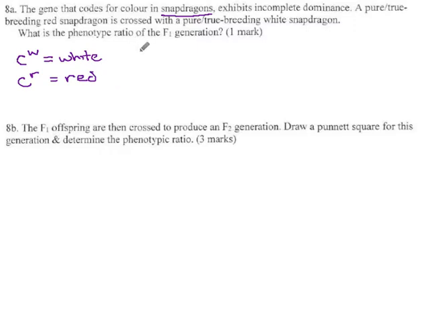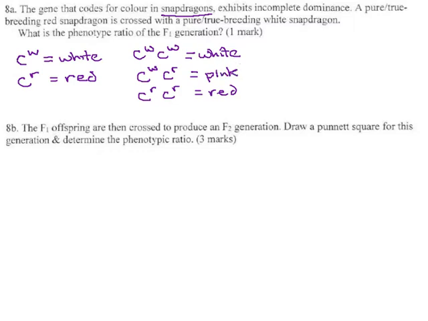And so the three possible plants are you could have CW, which will produce a white flowered plant. You could have CR, which will produce a red flowered plant. And if you have CWCR, that will give you a pink flowered plant.